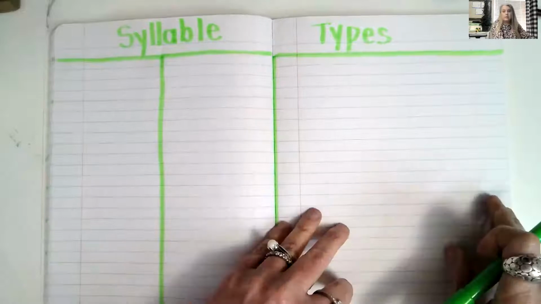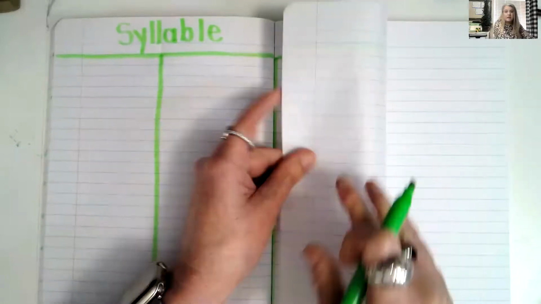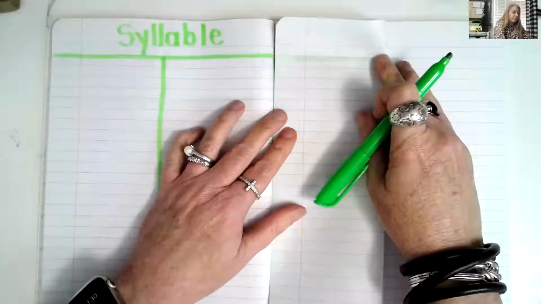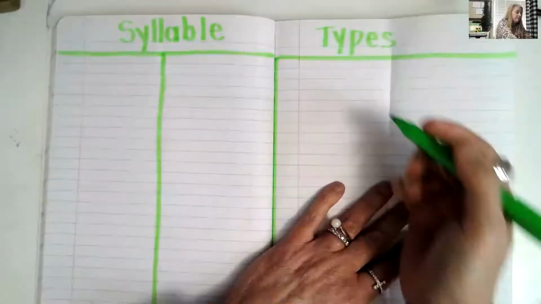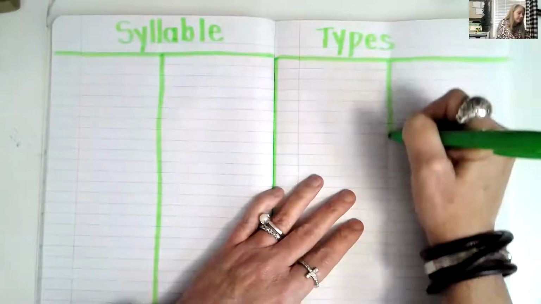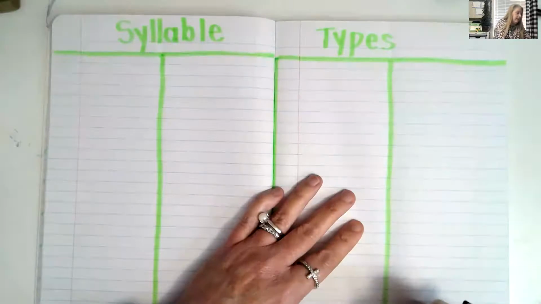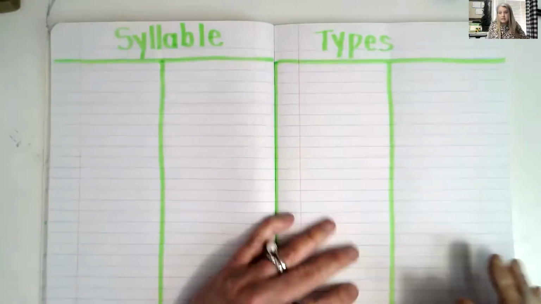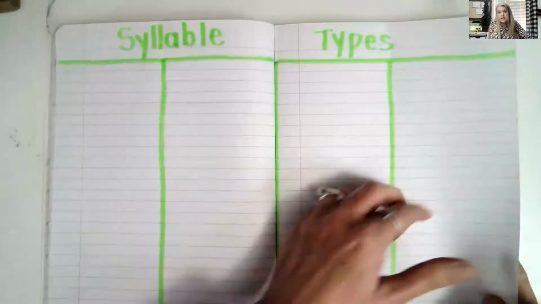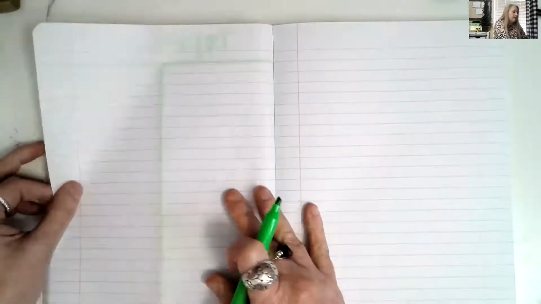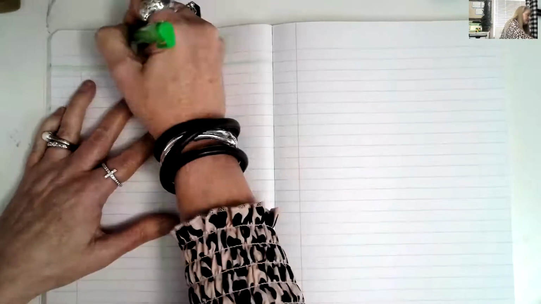So basically, we're going to be doing notebook setup today with a little bit of introduction for our first video. And the right side. And we're going to repeat this lesson, this setup, I should say, on the next page. So turn it and let's label it again, syllable types.